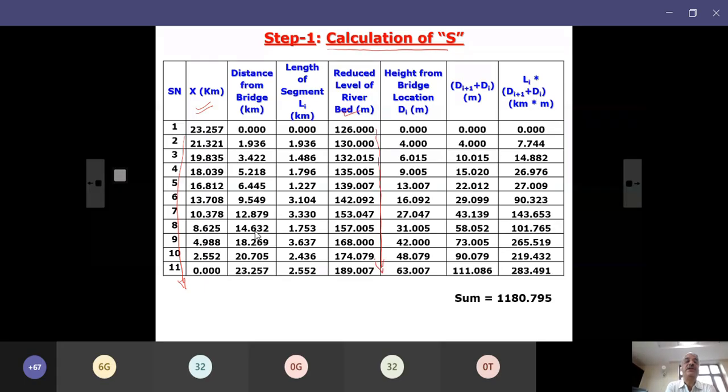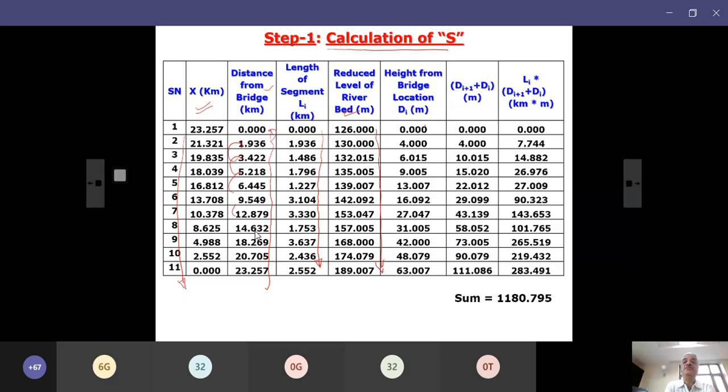These two data we have taken from there. This X was distance from farthest point to bridge. If you want distance from bridge, then L minus this. So this is a calculated value. Length of segment will be this value minus this, this minus this, this minus this, this minus this, like that. So you can calculate length of segment.